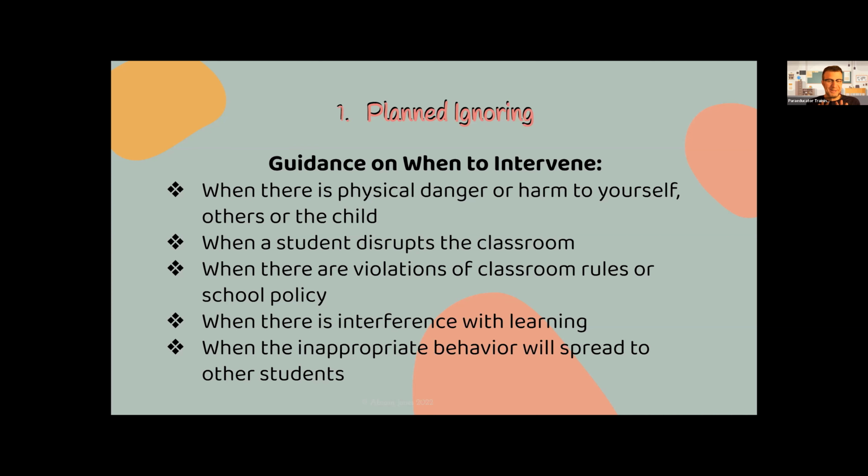So we want to try to intervene early when the inappropriate behavior will spread to other students. Why would we intervene in that situation when it's not harming anyone? Well, you're going to have this happen again and again and again. Once you allow that to pass, it will happen every time. So early intervention is the best.